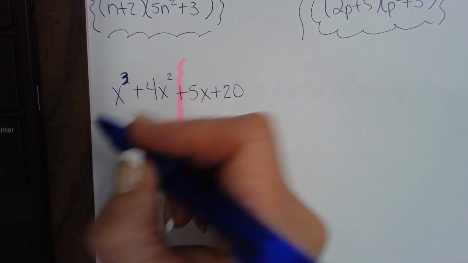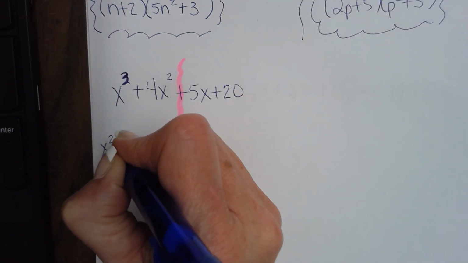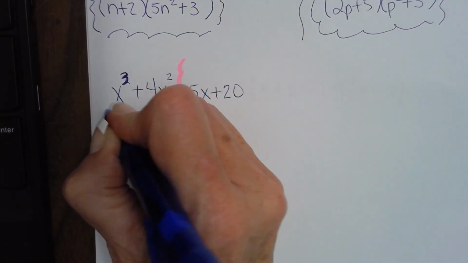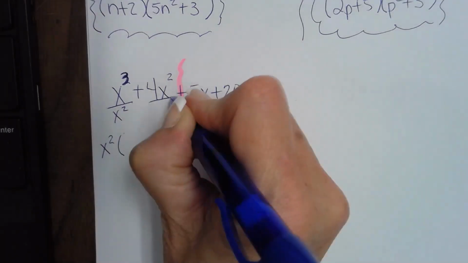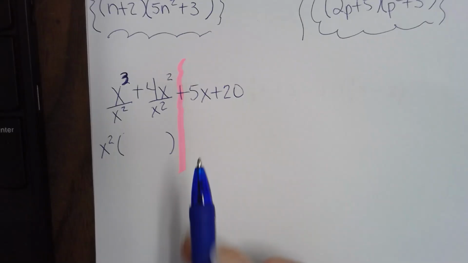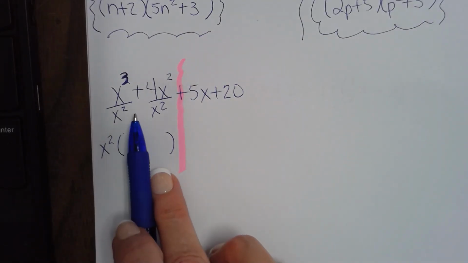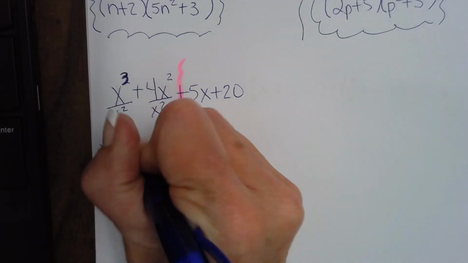It is x squared. So when I divide by my greatest common factor, what goes in my parenthesis? X plus 4. Okay.